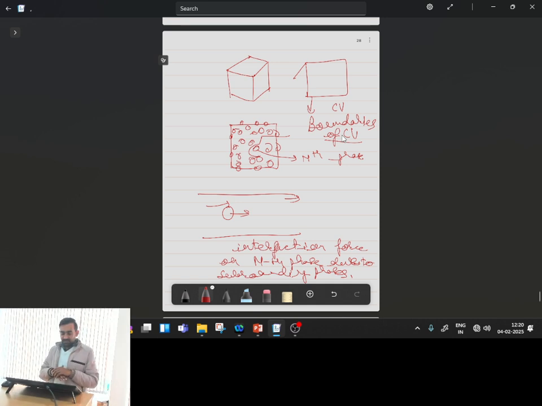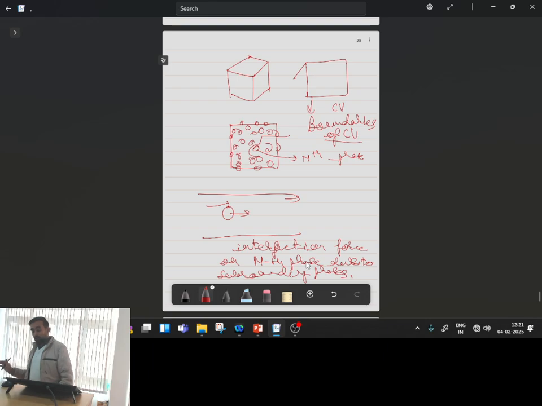But for multi-phase flow, because within the control volume there will be particles present, a particular phase will be present in the surrounding of other phases, so there will be some interaction force on nth phase due to the presence of surrounding phases in the control volume.